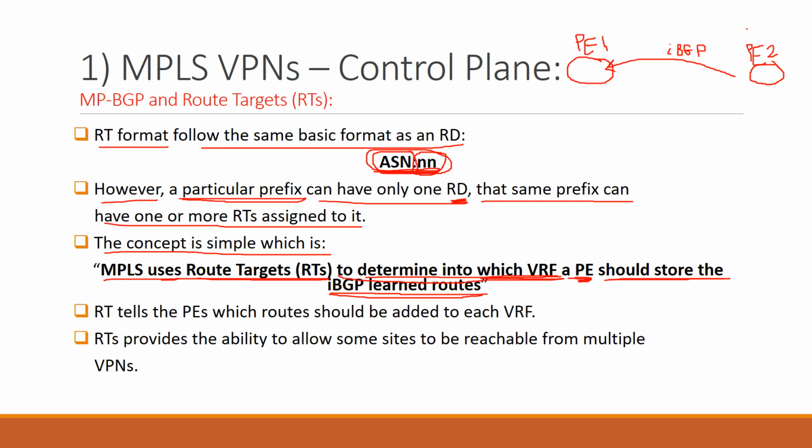Because of the route target configured on VRF1 on provider edge 2, PE1 will decide that this specific prefix will be in VRF, let's say 1 as well, on provider edge 1, and the second prefix that comes from customer 2 side B will go to VRF2 because of the configured route target in VRF2 inside provider edge 2.